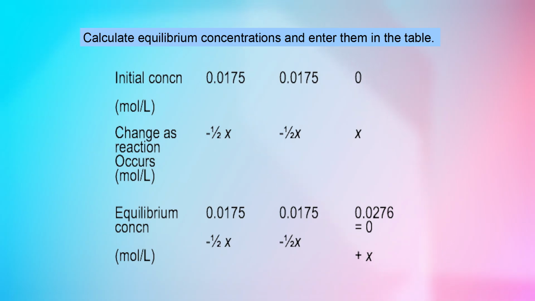If you take x to be the change of HI, then hydrogen and iodine will be minus half of x, because they are decreasing. So, for the equilibrium concentration, you take hydrogen and iodine, given as 0.0175, and you decrease minus half x from them, and HI is equal to 0.0276, which is 0 plus x.